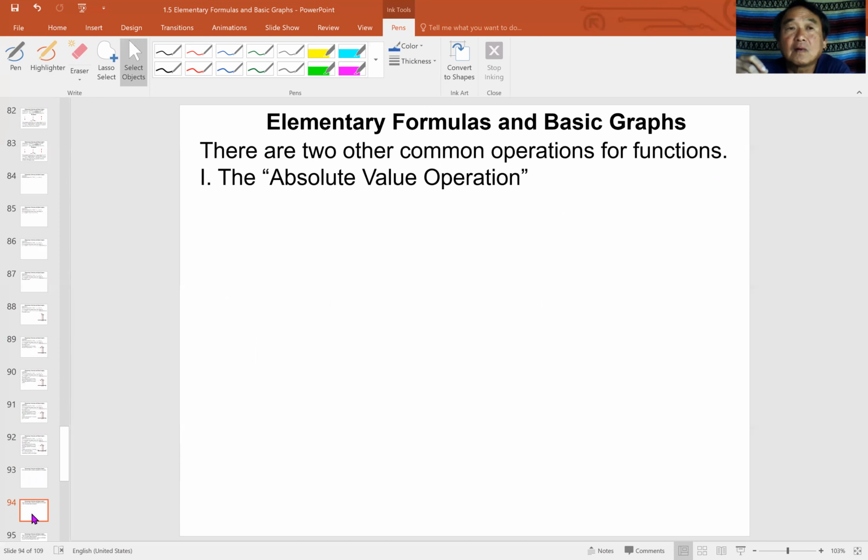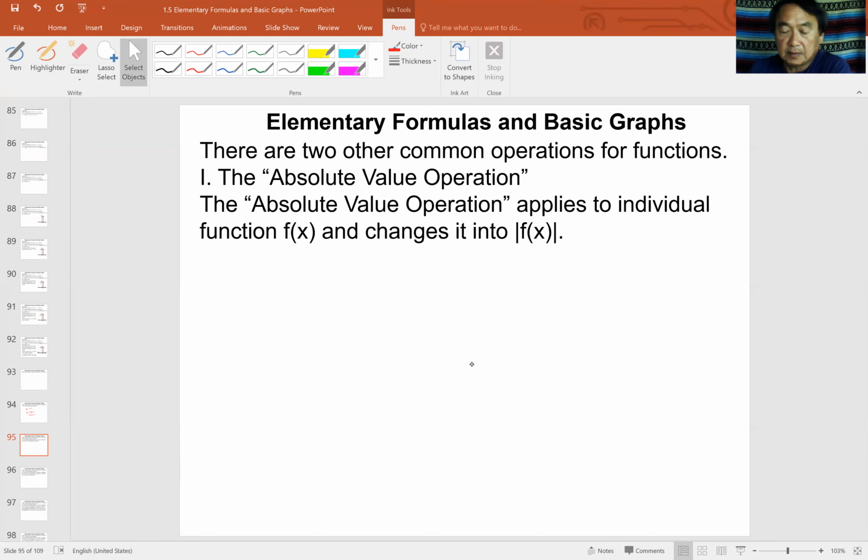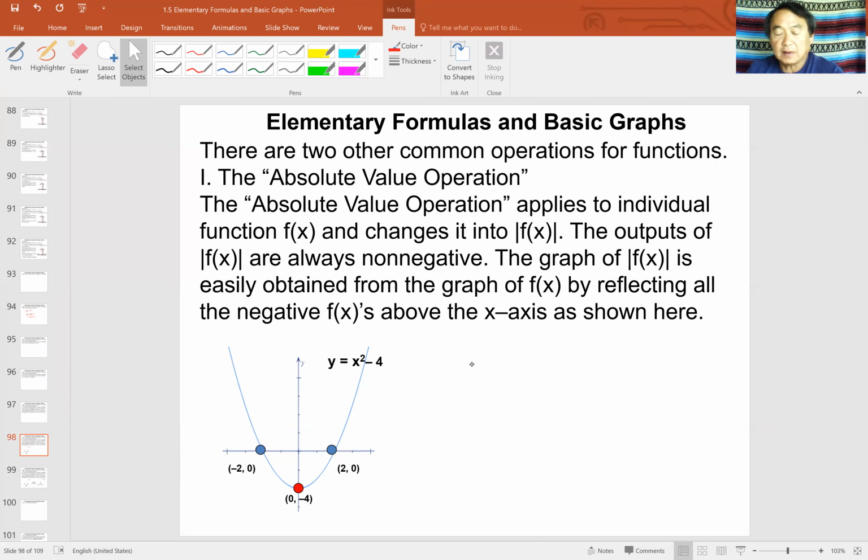One thing is the absolute value operation. A lot of times we take a formula y equals f of x, and for one reason or another we want to look at just the absolute value of f of x. We often use these problems to create formulas that satisfy some conditions, examples that we need. At the graph level, remember what I said: the y component is the height.